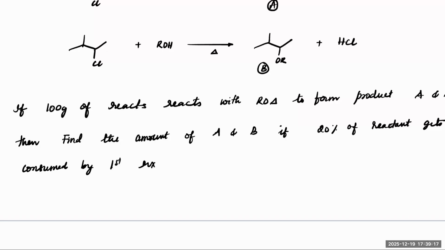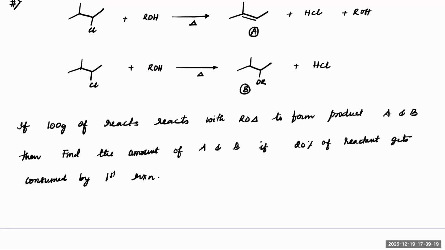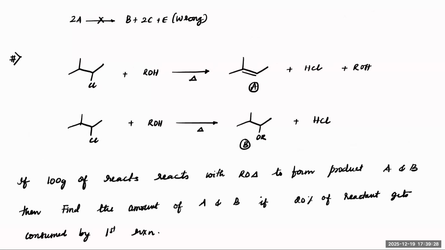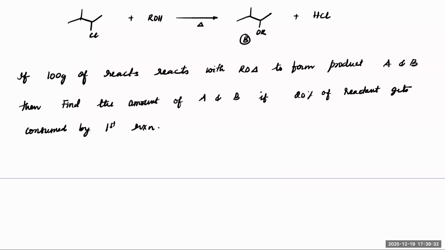If 20% is consumed by the first reaction, the rest of the 80% is consumed by the second reaction. So let's see that here. Let me copy that again and put that here.